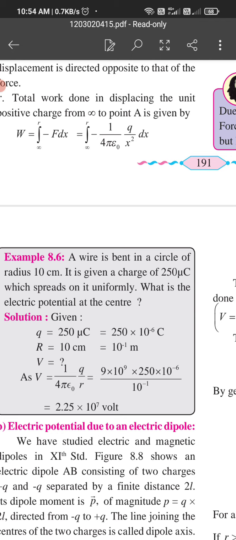V is equal to 1 upon 4 pi epsilon naught Q upon R. 1 upon 4 pi epsilon naught is 9 into 10 raised to 9. Q is 250 into 10 raised to minus 6 upon 10 raised to minus 1.